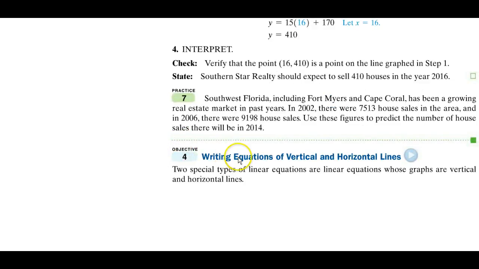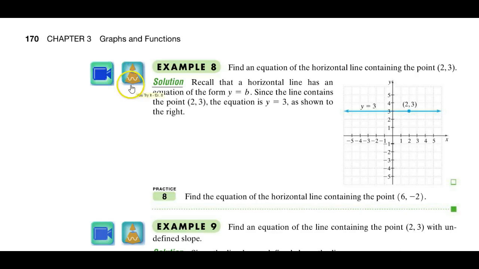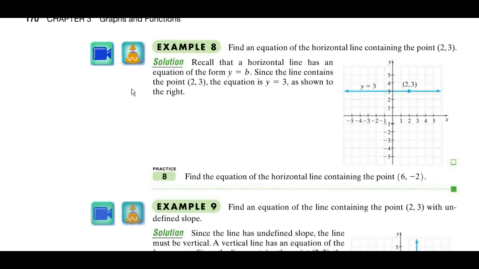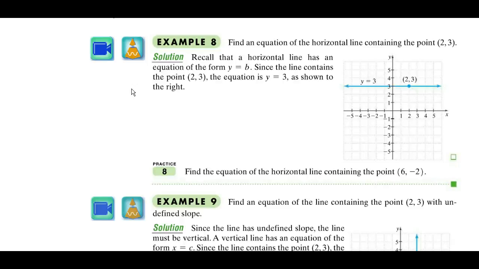Objective 4 is writing equations for vertical and horizontal lines. Now, this should be easy if we remember a couple of things about these. And let me review. Well, for a horizontal line, we said that was formula 5, and that's y equals b.